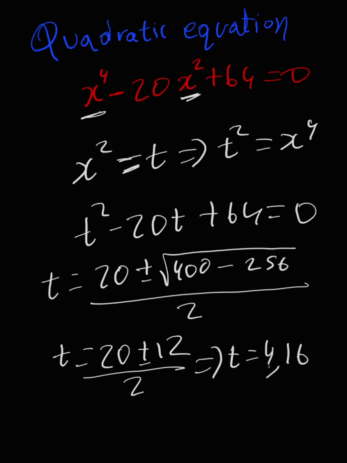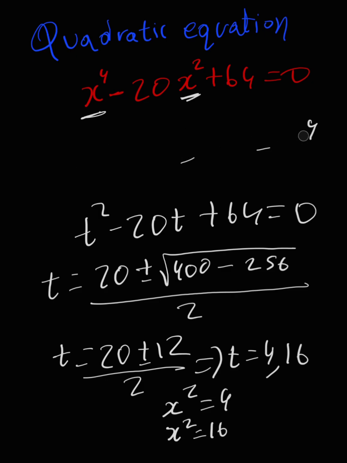But did the original equation ask for t? No, it asks for the x value. So x square equal to 4, and x square equal to 16.